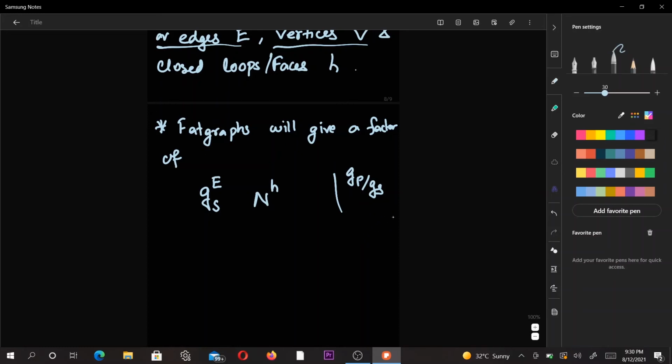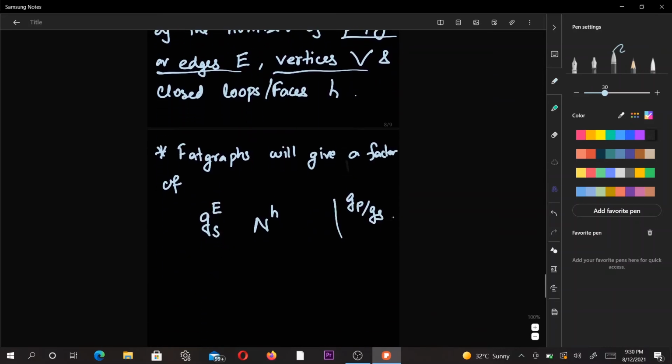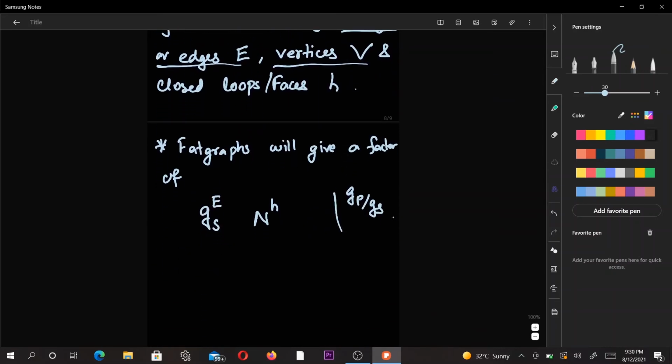Because that's the number of vertices you're looking at. In the case of this fat graph, here you had 2 vertices. So each fat graph ultimately gives me g_s to the E minus V, because it comes from each interaction vertex.